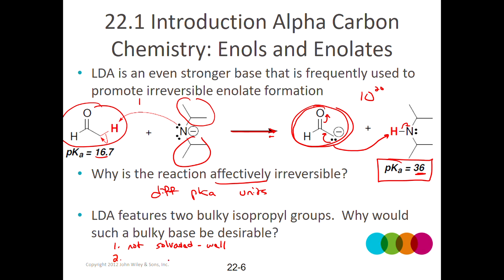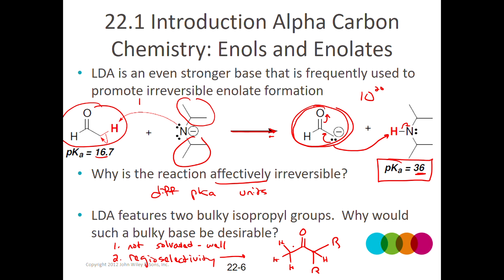The second reason is because it will give us some control over regiochemical outcome or regioselectivity. So what we mean there is if I have two different alpha carbons that aren't equivalent, maybe one has more R groups and the other one has protons.